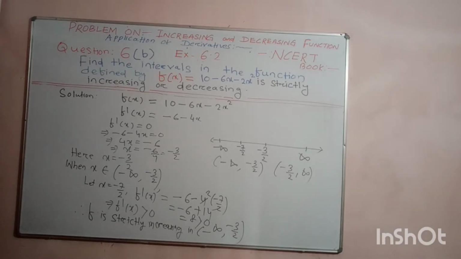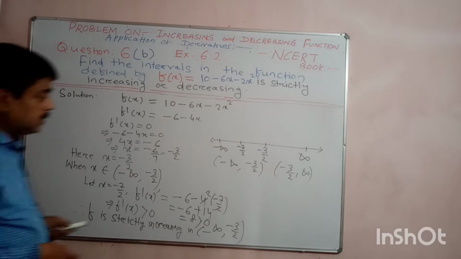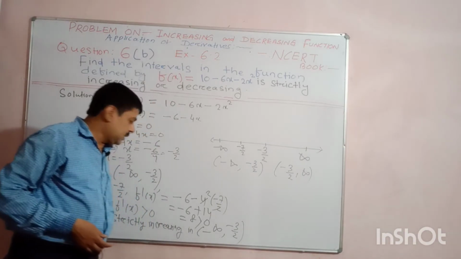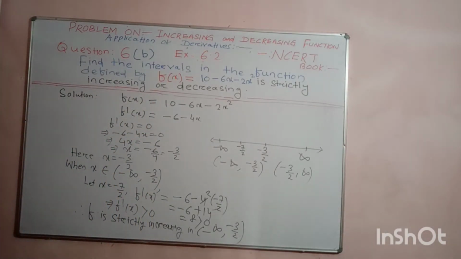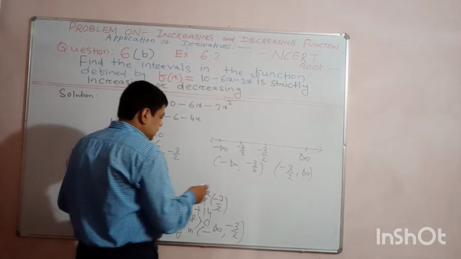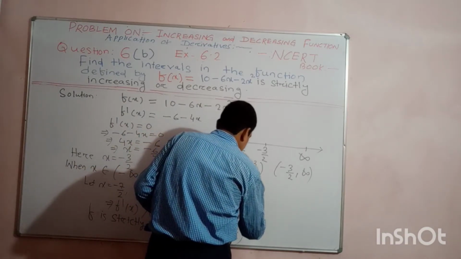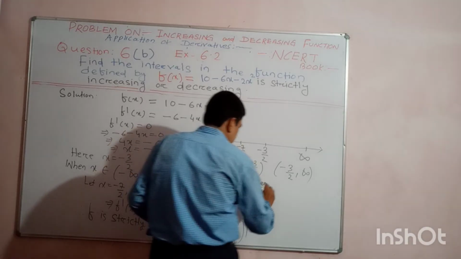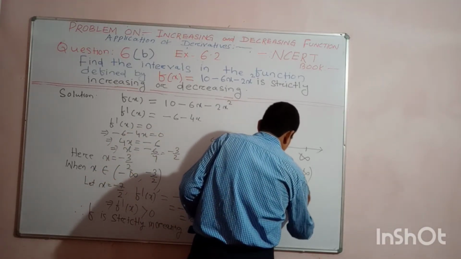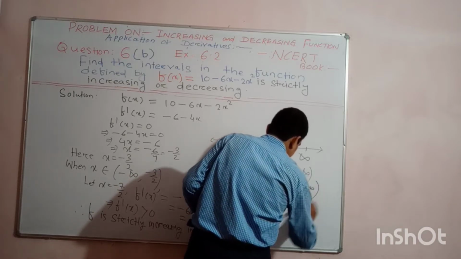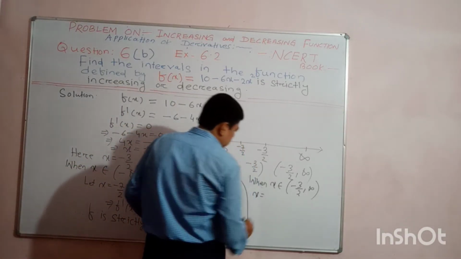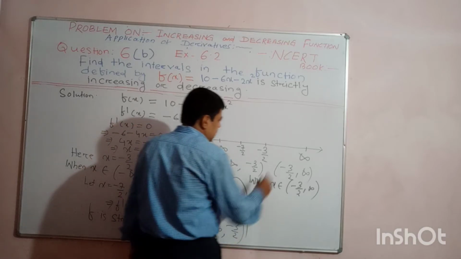Similarly, coming to the next interval, when x lies in the interval minus 3 by 2 to infinity, let's take a value. We can take a number that lies between minus 3 by 2 and infinity.